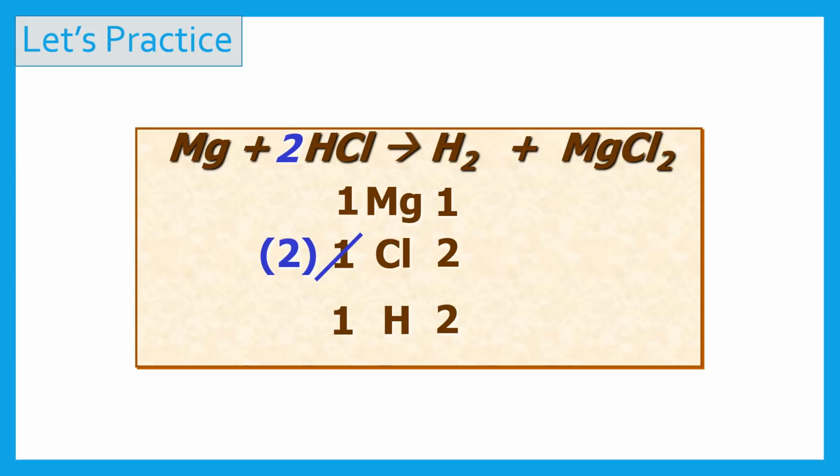And it's going to affect the hydrogen on the reactant side as well, and make that 2. And look at that, that's all we had to do. 1, 2, 3, we check out. So it is now balanced and done. We just had to add one coefficient.